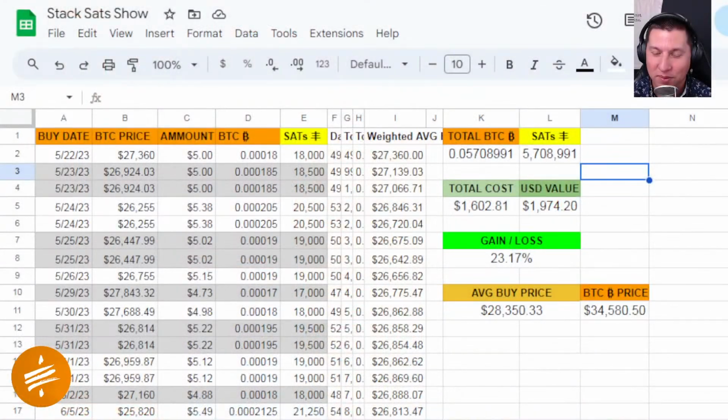If you were stacking with us since the show started, you're probably up. If you're new to Bitcoin and I convinced you to start stacking with us back in May, you're up 23%, right? It's pretty wild.